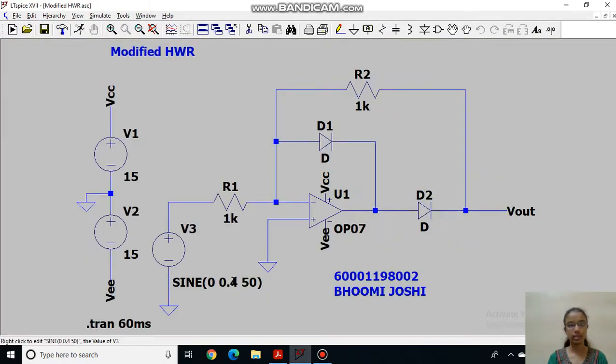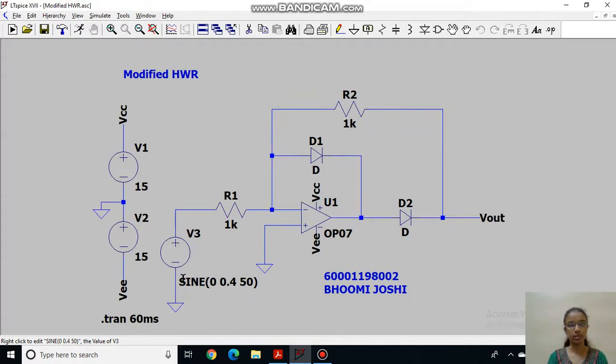Here I have applied 0.4 volt and my frequency is 50 Hz. Here these 2 are my diodes and these 2 are resistors with a value of 1K. So now let us run.